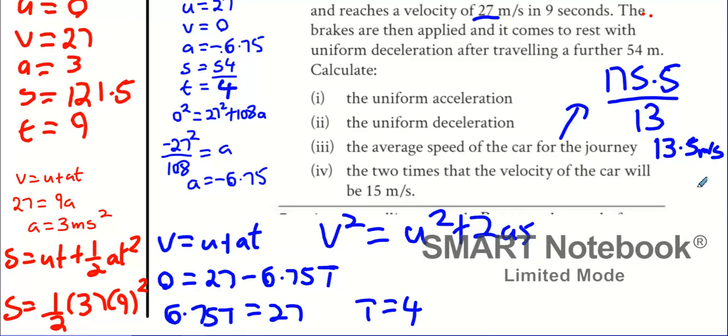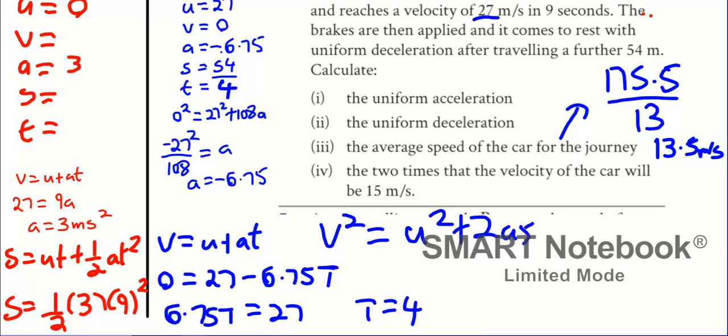Okay. The two times the car will have a velocity of 15. Ready for this? No hassle. I'll go to the red zone. Everybody see the red zone? And here's what I'm thinking. I'll go to the red zone, which is the acceleration zone.